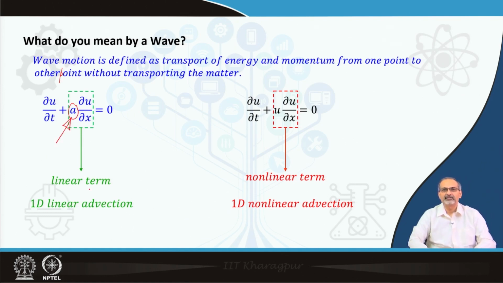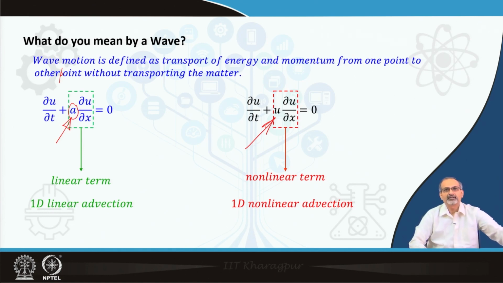It is essentially the wave speed that we talk about, and when that becomes equal to u, then it turns into a nonlinear equation, 1D nonlinear advection equation, and that one change brings about a very dramatic change in the behavior of the governing equations. So, we will see soon that how that impacts the solution.